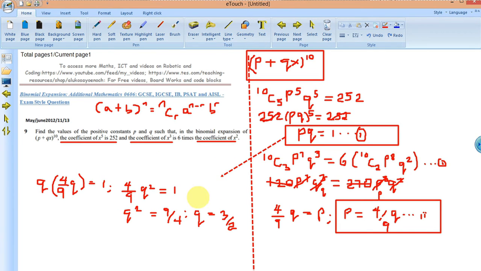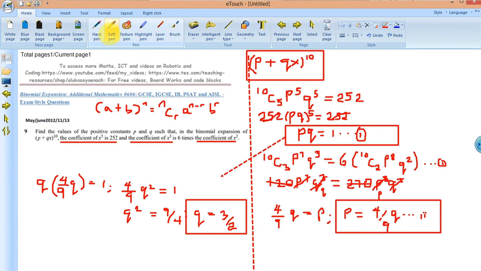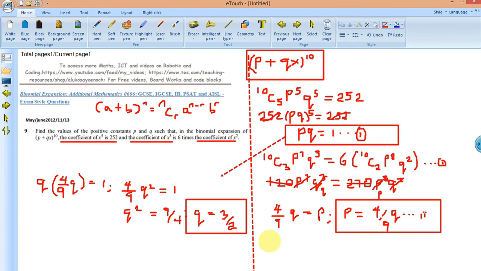Then let's go for p now. From equation 2, you know that p equals 4 over 9 q.